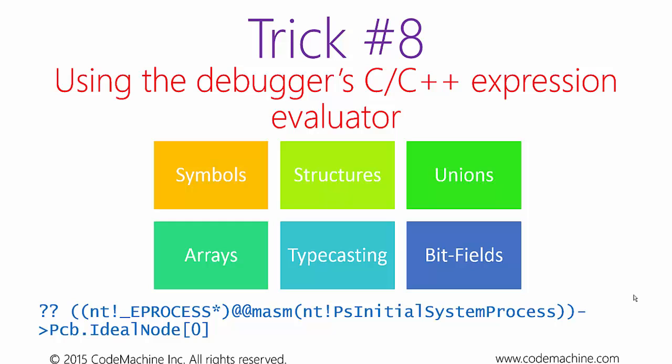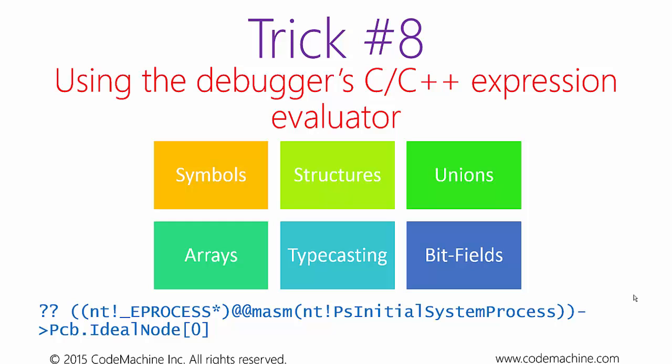We will now take a more detailed look at something we saw briefly in the last trick, which is the debugger's built-in C++ expression evaluator. The question mark command can be used during debugging to evaluate any C++ expression. This command supports full C++ expression syntax, including accessing fields of structures and unions, referencing array elements, typecasting pointers to data structures, as well as accessing bit fields.